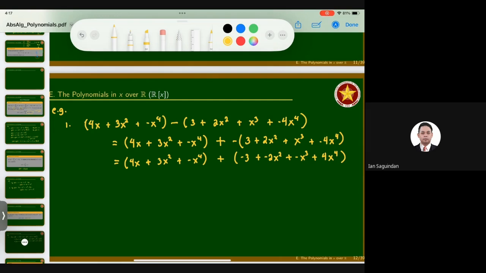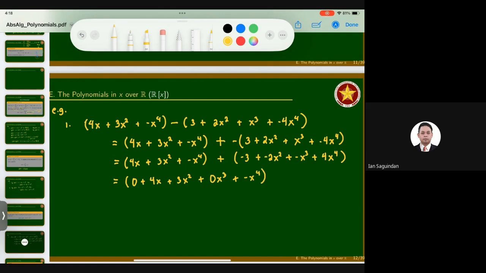Okay, then you can now proceed with addition of polynomials. We are moving according to component-wise addition. So take note that the first term is 0 plus 4x plus 3x squared plus 0x cubed plus negative x to the fourth.